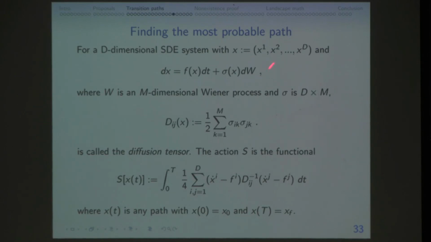The notation gets a little bit more crowded, but essentially you still have (x dot minus f) squared in some way multiplied by this thing which is called the diffusion tensor. The exact form of this is not that important, which is why I'm kind of going fast. But just know that you can write these things down. And the capital T here is time. Yes, so you're thinking about all paths from point A to point B which take time T.